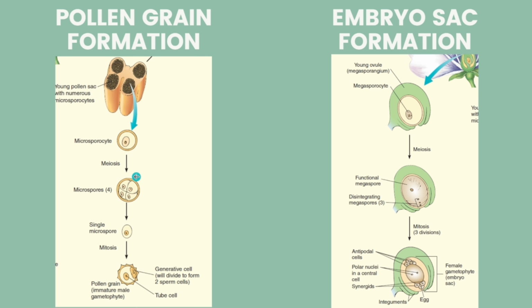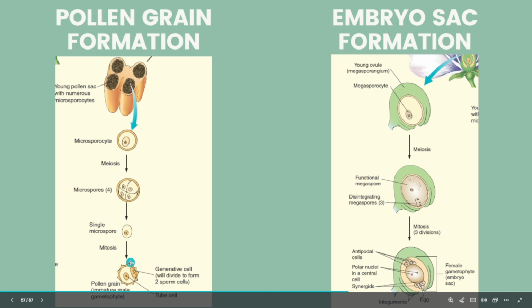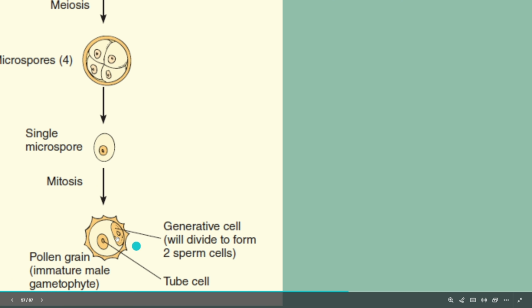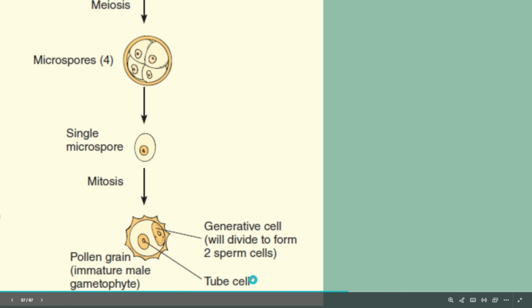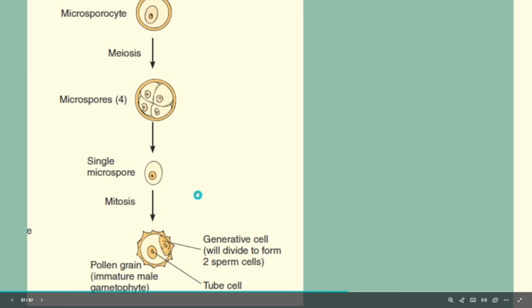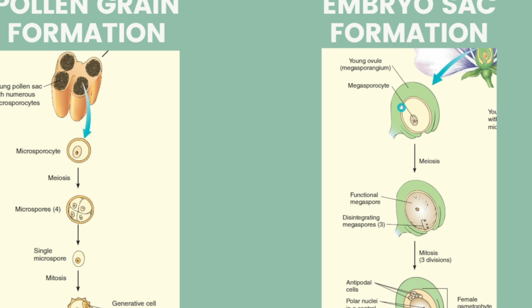They undergo meiosis to form the microspore, and then each single spore undergoes mitosis to form the pollen grain. The pollen grain contains two different nuclei, a generative nucleus and a tube nucleus, so there are two cells, the generative cell and the tube cell. This is the formation of the pollen grain.